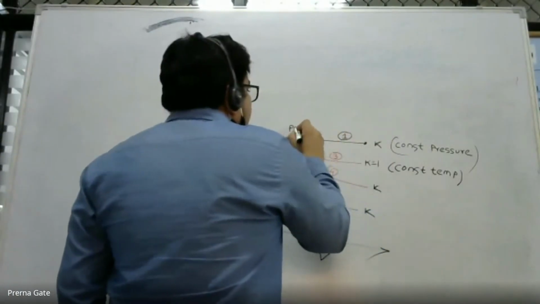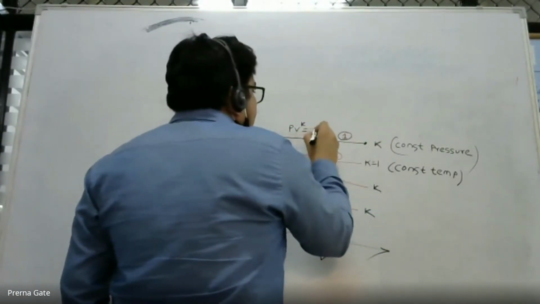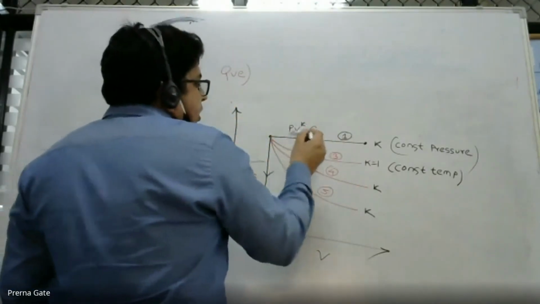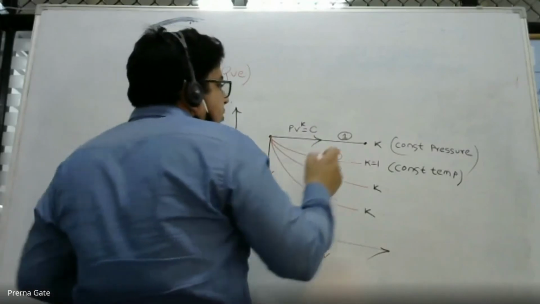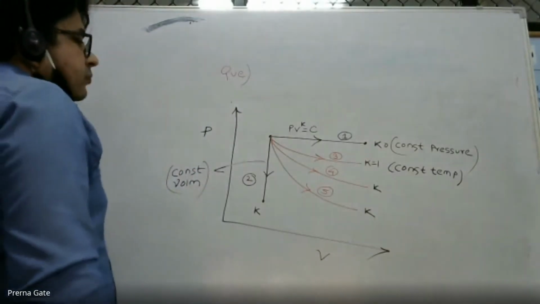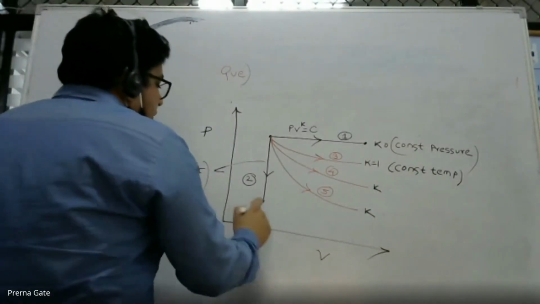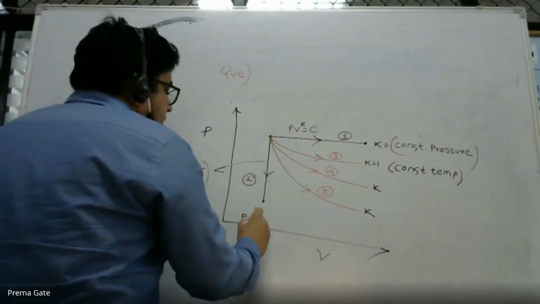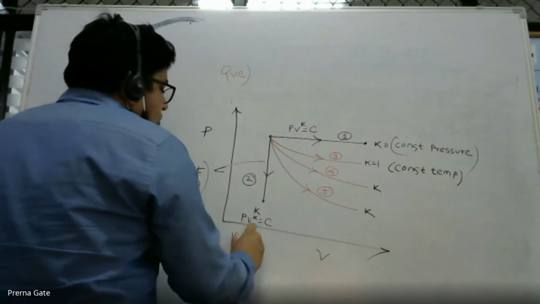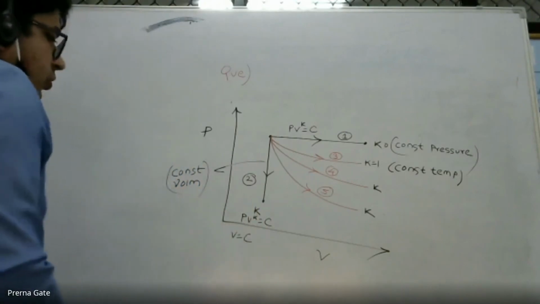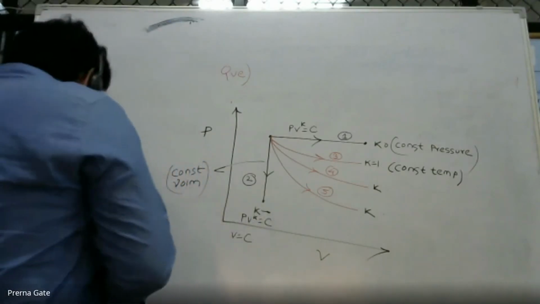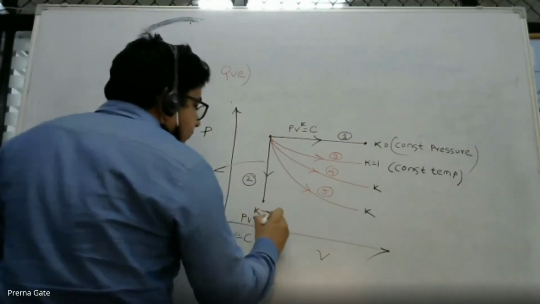If I write PV to the power K is equal to constant, for P to be constant, the value of K should be 0. And for V to be constant here, what will be the value of K? It should be infinity.